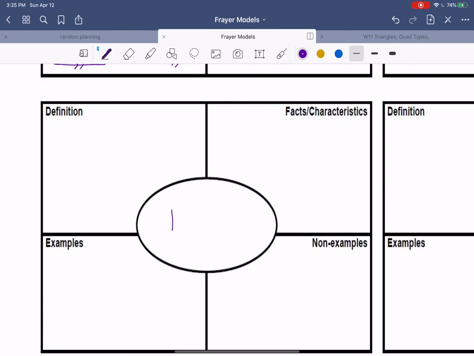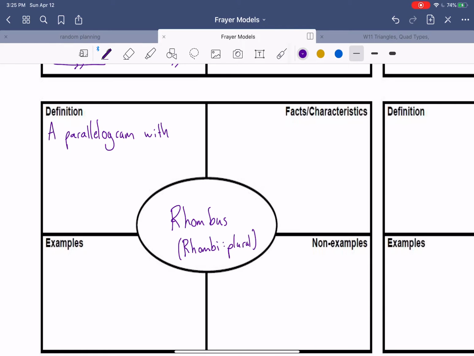Our next one is a rhombus. The plural is rhombi. All right, the definition of a rhombus is a parallelogram with 4 congruent sides.